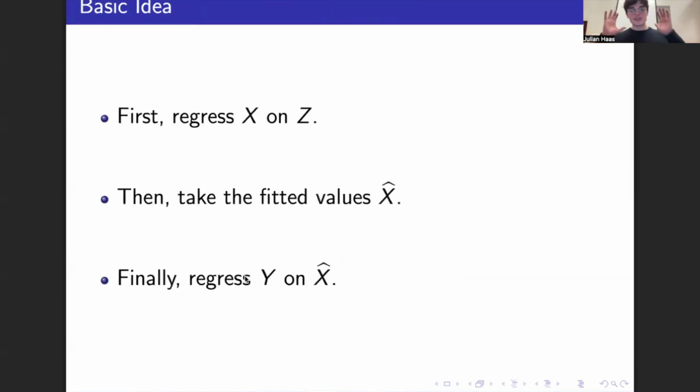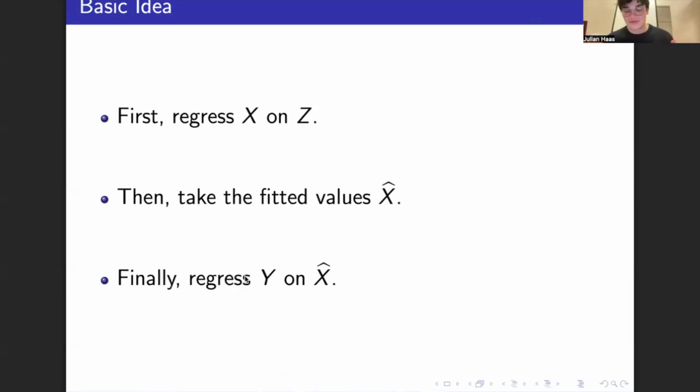Once you have an instrument, once you have that Z, it's very simple. I just wanted to write down the three bullets because I think if you don't take anything else away, it's okay. If you can understand this for right now, I think that is more than enough. It's very straightforward. We're going to take X and regress it on Z. We're then going to grab those fitted values and regress Y on those fitted values.